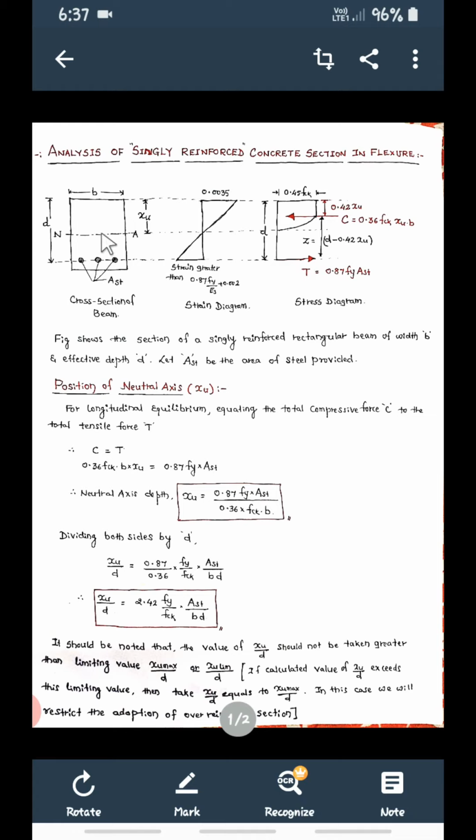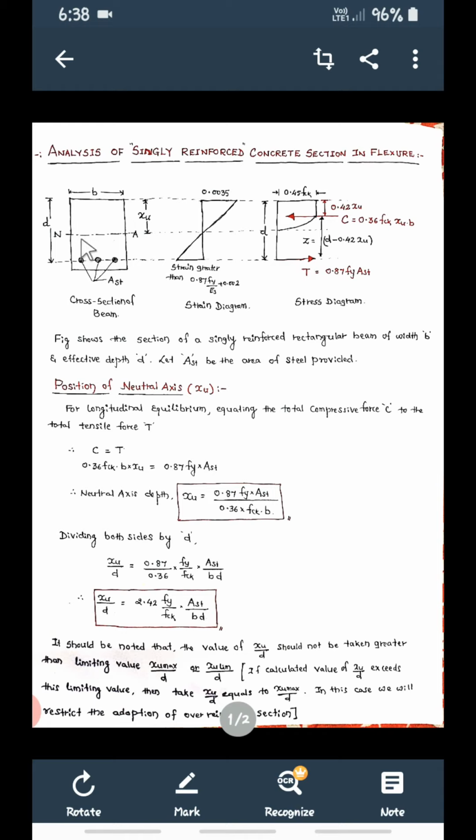The beam is divided into two zones: this is the portion above the neutral axis, and this is the portion below the neutral axis. Can you see the steel bars in this zone only? So what does this neutral axis indicate? The neutral axis divides the beam section into two zones.